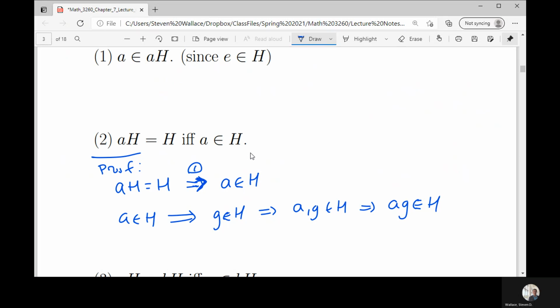Or wait, sorry, I can say it this way. A is in H, so A inverse is in H, which means that A inverse is in AH, since this is an H. That's the identity, right?